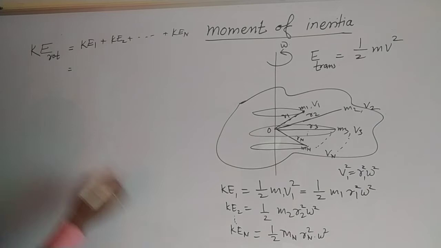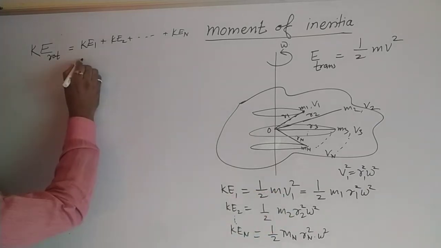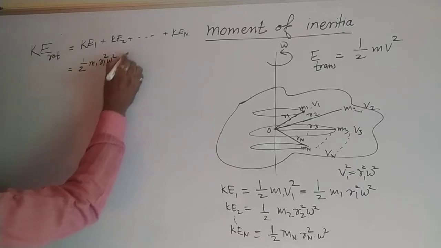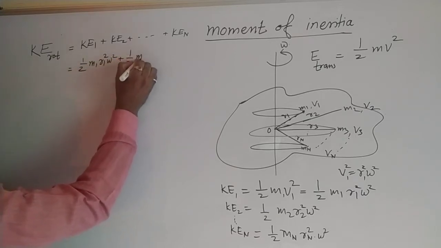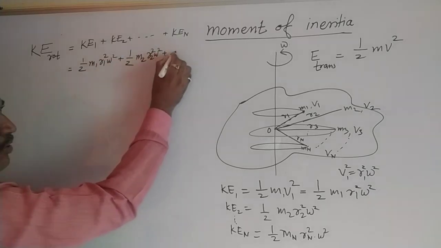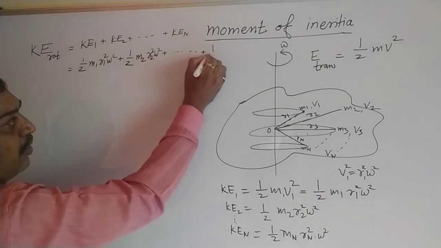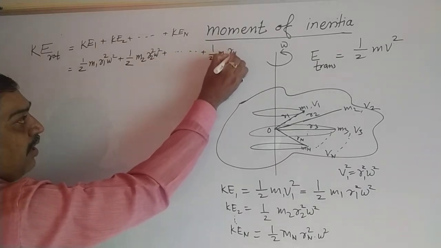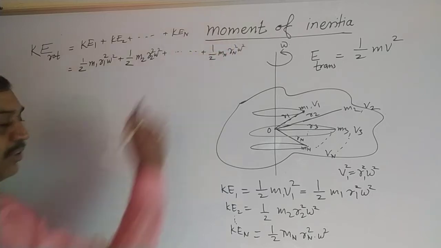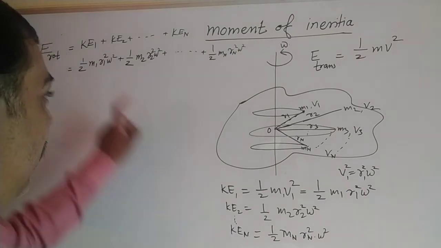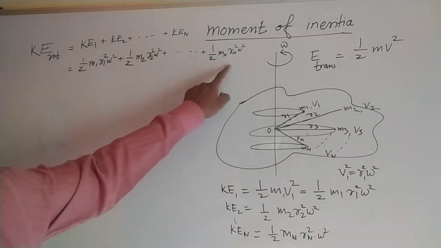So just add all these things. We get 1 by 2 m1 r1 square omega square plus 1 by 2 m2 r2 square omega square plus so on up to plus 1 by 2 mn rn square omega square. These are the total kinetic energy of the particles, E1 plus E2 plus so on up to En.